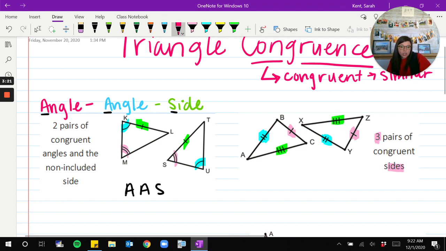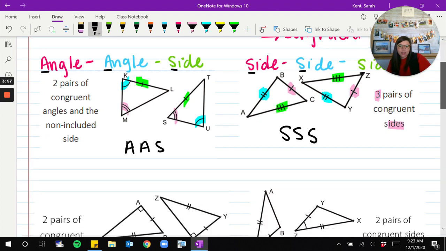So we have a side, another side, and lastly a side. Three sides is side, side, side. I can take the first letter of each and simply write S, S, S for side, side, side.